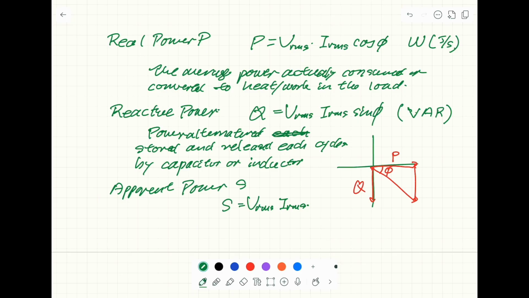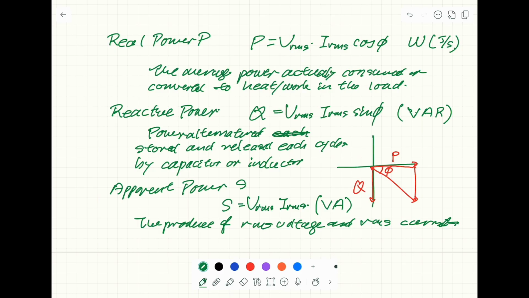For apparent power, again the unit is joule per second, but this time we use VA to represent it, and this is just the product of root mean square voltage and root mean square current.